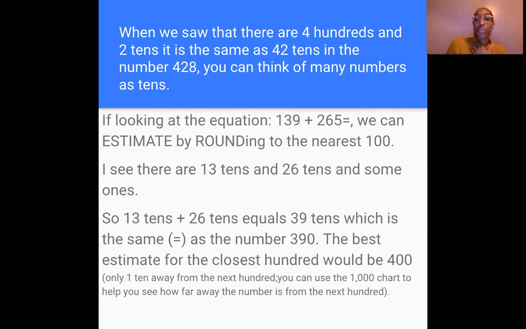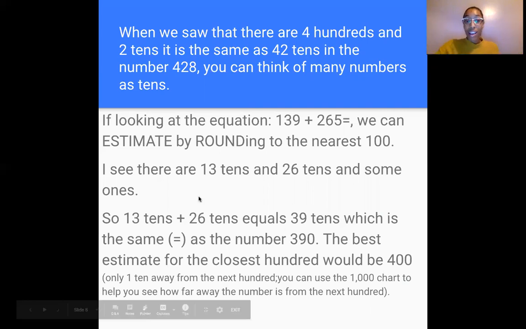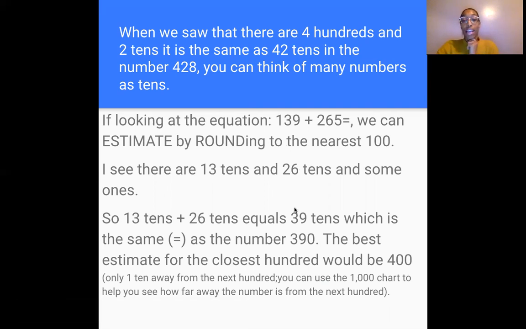If looking at the equation 139 plus 265, we can estimate by rounding to the nearest hundred. We can use that thinking of these numbers as tens. I can see that there are 13 tens inside of 139. I can see that there are 26 tens inside of 265. So therefore, 13 tens and 26 tens is going to give me 39 tens.